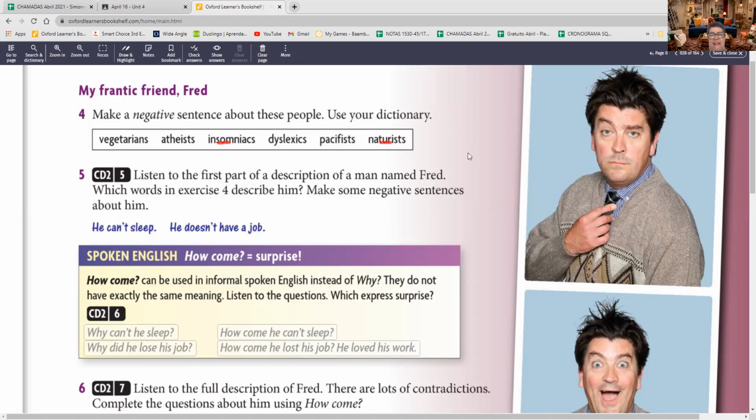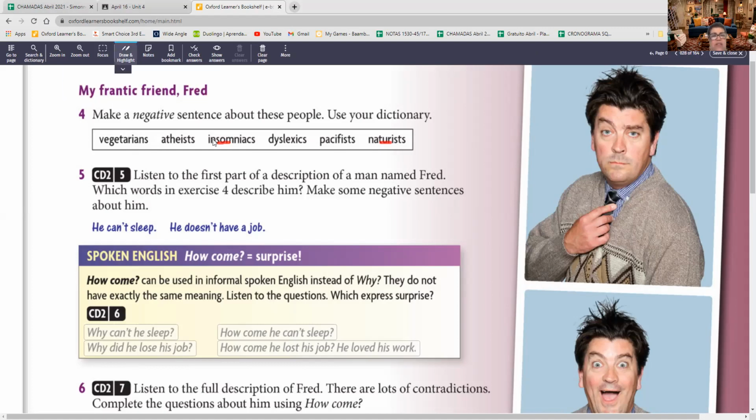Wow. Yeah, incredible, isn't it? So which words in the box describe him according to the listening? Vegetarian? Insomniac, dyslexic, good.